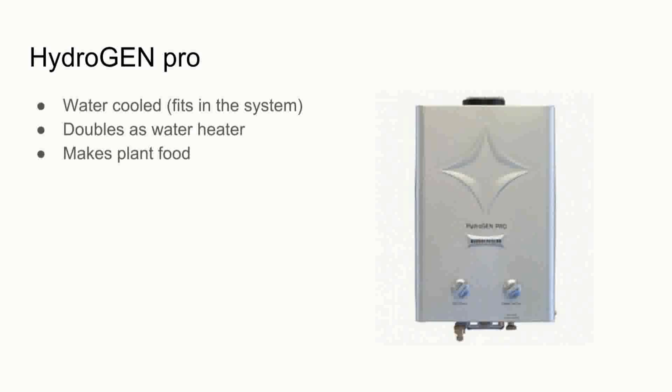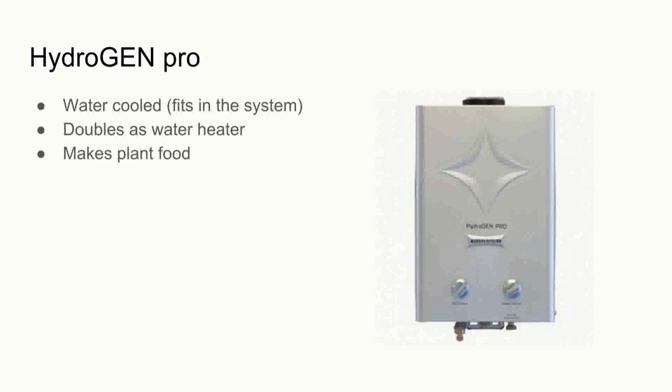So I'm basically creating CO2 during the day when the plants can use it, and then saving the heat that it's generating for the nighttime when the plants need it as well to stay warm. And then it makes plant food, so it has excellent utility.